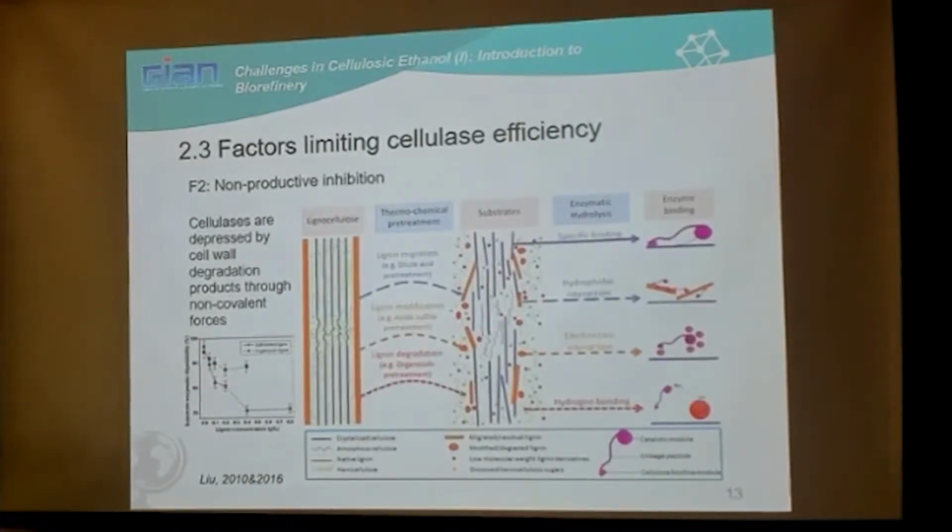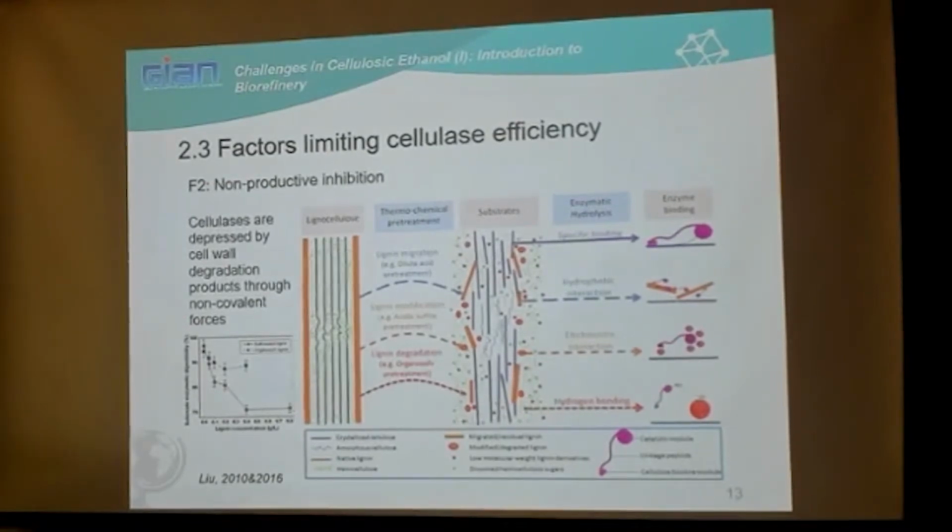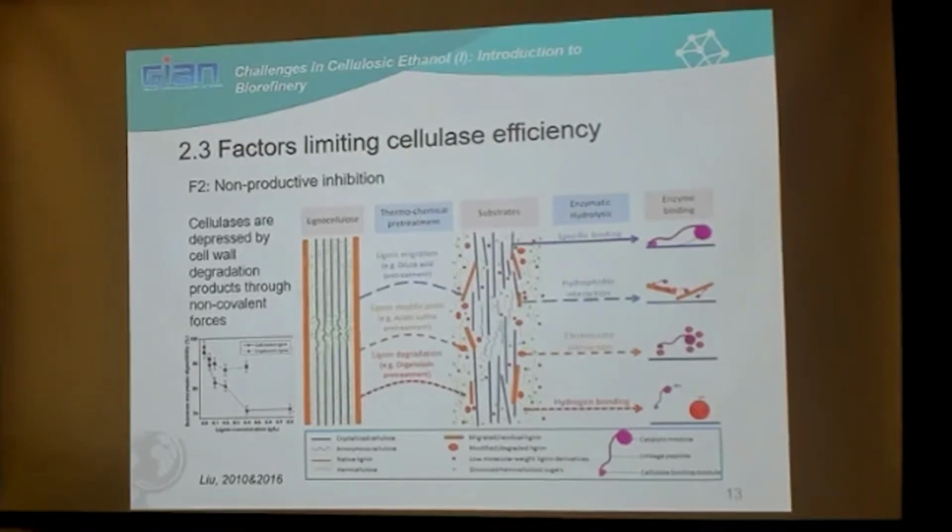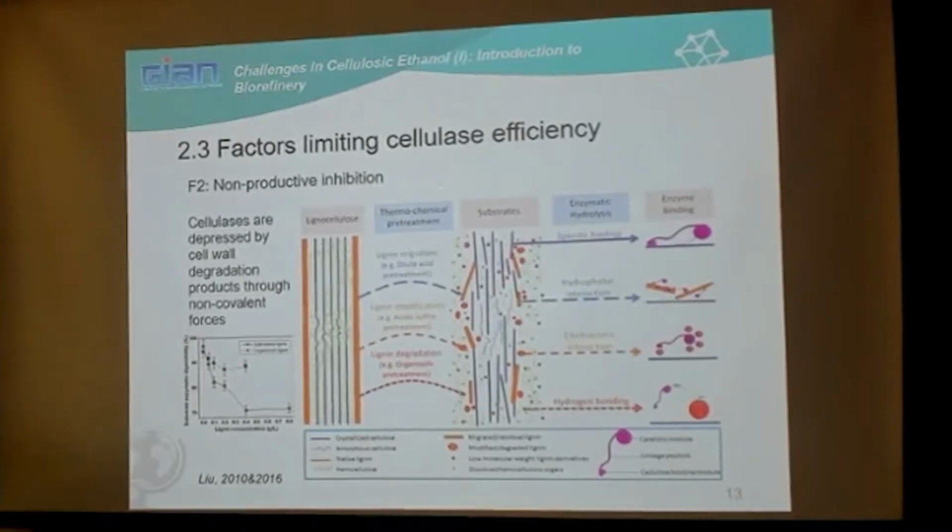Although the lignin barrier can be removed by the pretreatment, we obtained a lot of spent liquor. In the spent liquor, there are lignin derivatives and dissolved lignin fractions. These fractions are small particles. They can also absorb the cellulase enzyme and cause non-productive binding inhibition.